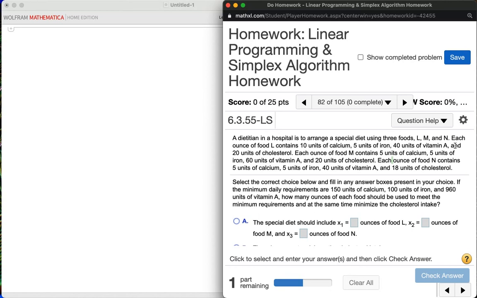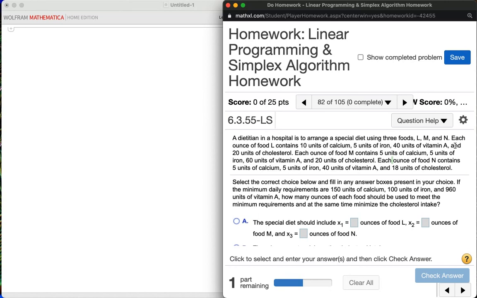If the minimum daily requirements are 150 units of calcium, 100 units of iron, and 960 units of vitamin A, how many ounces of each food should be used to meet the minimum requirements and at the same time minimize the cholesterol intake?